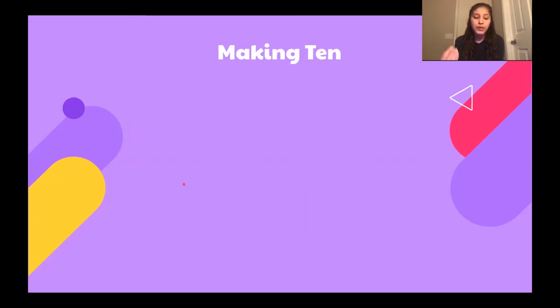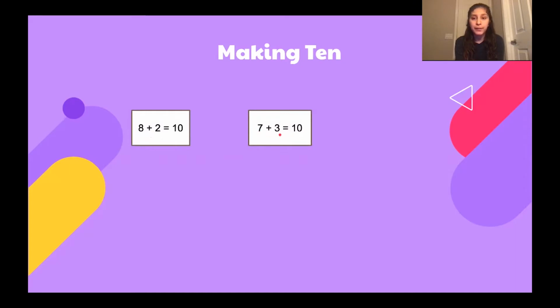The first one was 8 plus blank equals 10. So the missing addend was 2. So 8 plus 2 equals 10. Now the next one was 7 plus blank equals 10. The missing addend for that one was 3. 7 plus 3 equals 10.